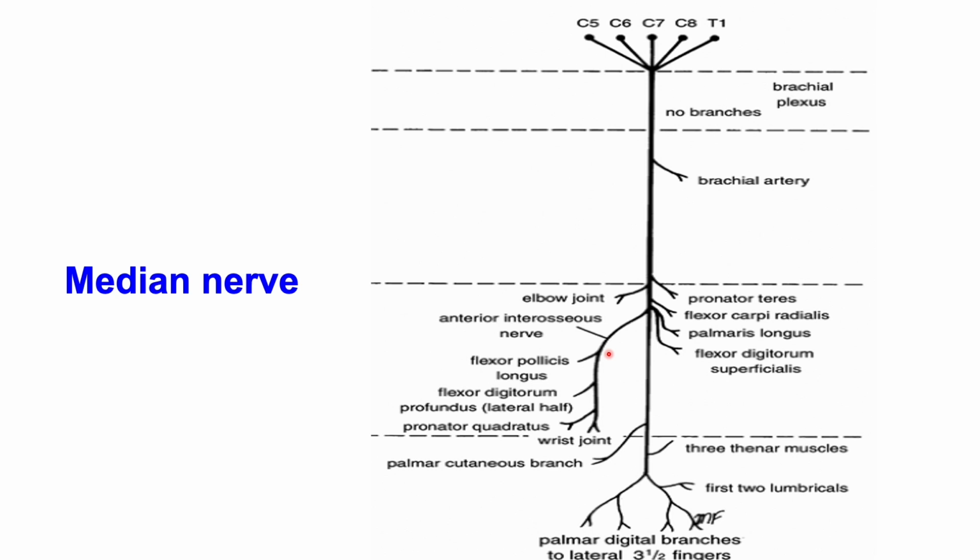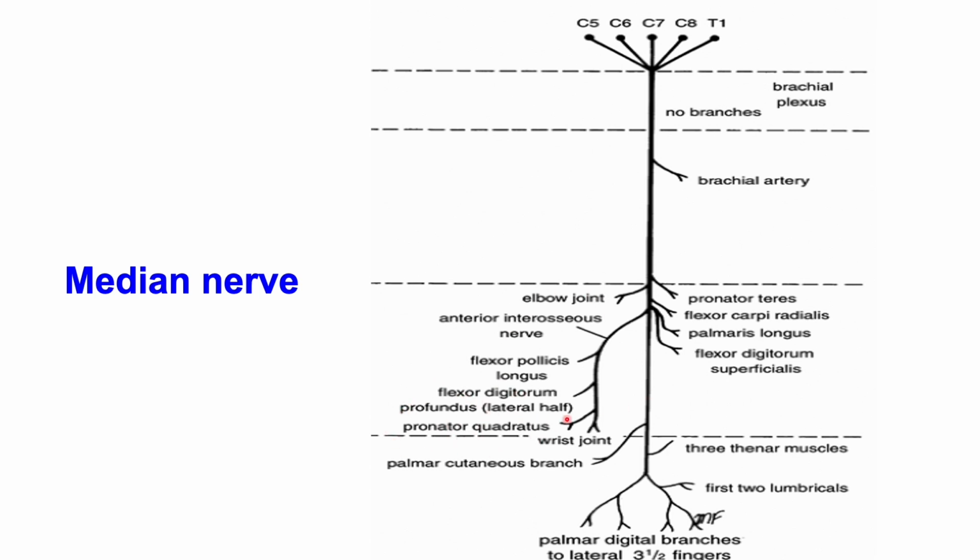So anterior to the interosseous membrane, you will see 2 important neurovascular structures: the anterior interosseous nerve, a branch from the median nerve, and the anterior interosseous artery, a branch of the ulnar artery. This anterior interosseous nerve supplies the deep flexors of the forearm, which include flexor pollicis longus, the lateral half of flexor digitorum profundus, and pronator quadratus.